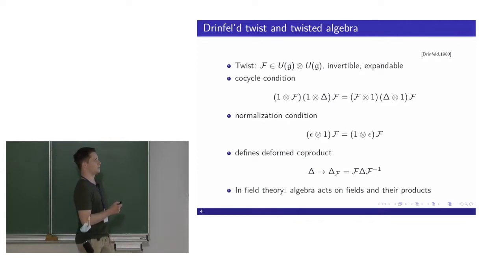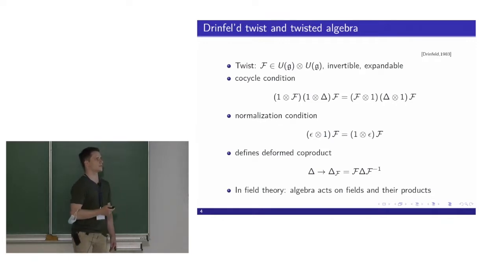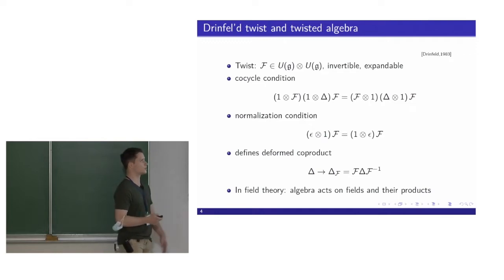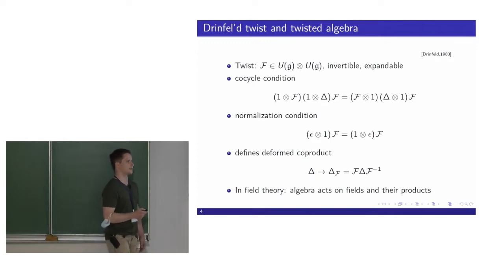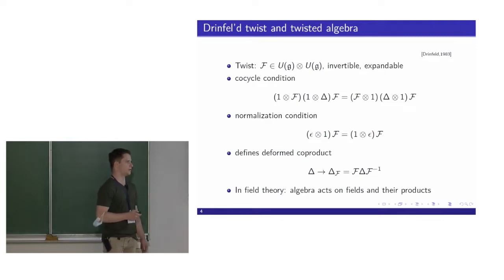For this Drinfel'd twist, we just ask the usual co-cycle condition, which is this one. So we just consider these usual Drinfel'd twists, fulfilling this co-cycle condition and this normalization condition as well. This Drinfel'd twist can then be used to define a deformed coproduct, which is given here.